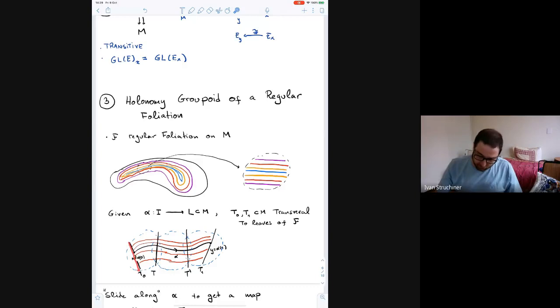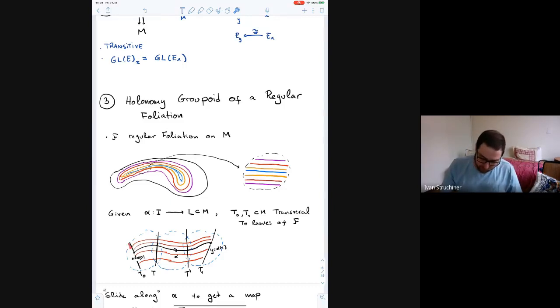If you choose a transversal here and a transversal here, you can slide along the path alpha. So you can, if you want, parallel translate alpha to the other plaques of this foliation, to the other leaves, inside each one of these.